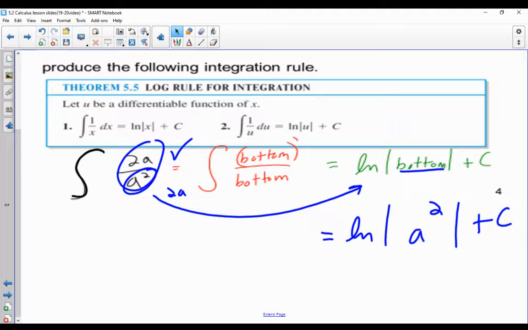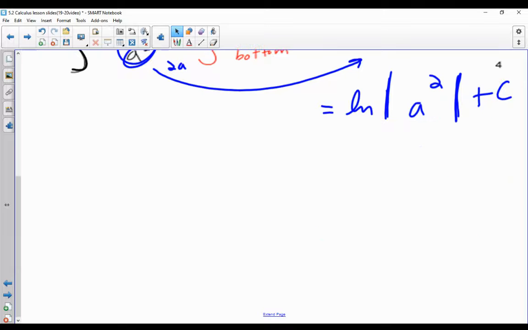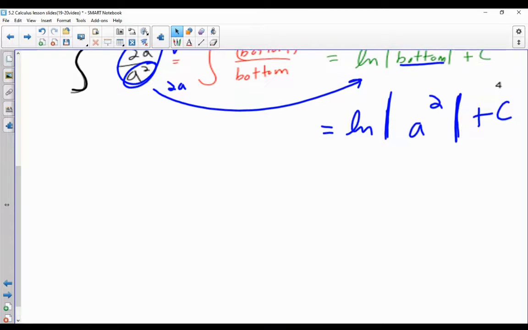Now, some of you are probably wondering, is there a reason why you have absolute value bars here? How come you're not using just regular parentheses? Good question. The reason I'm putting absolute value bars around this example is just to make sure that our number stays positive. Because watch, what would happen if I took the natural log of -1?